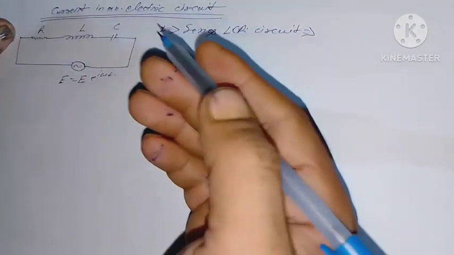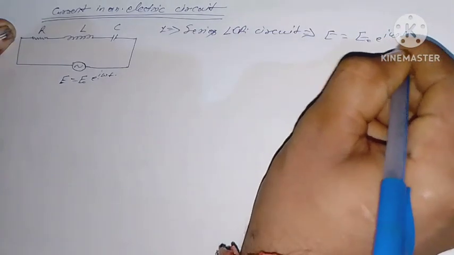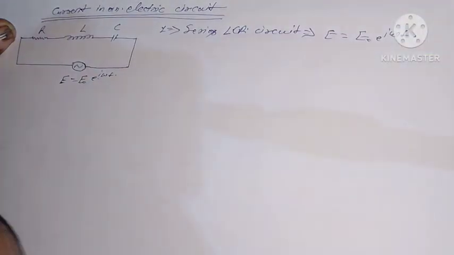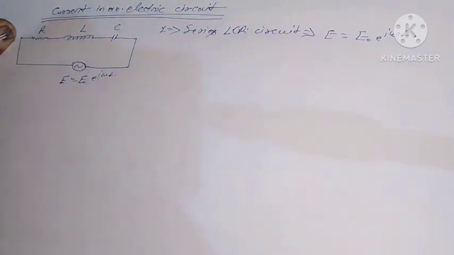Consider an electric oscillator consisting of an electric circuit containing a resistance R, inductance L, and capacitance C in series as shown in this figure, connected to an AC source, for which the EMF is represented by E equal to E naught e to the power i omega t, omega being the angular frequency of the applied alternating EMF.